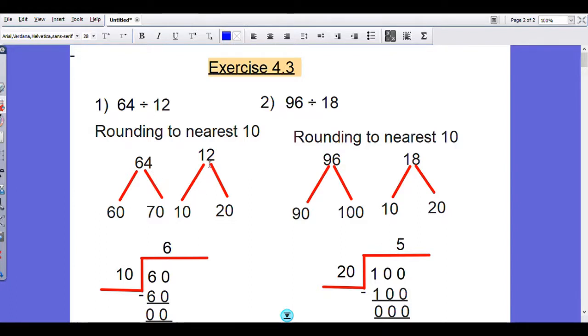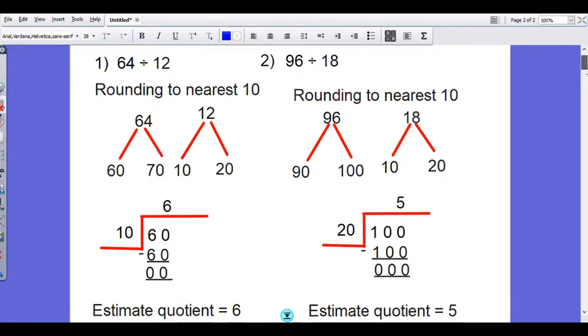And 12 is between 10 and 20, so nearest is 10. Now your division becomes 60 divided by 10. 10 sixes are 60, so your estimated quotient is 6.